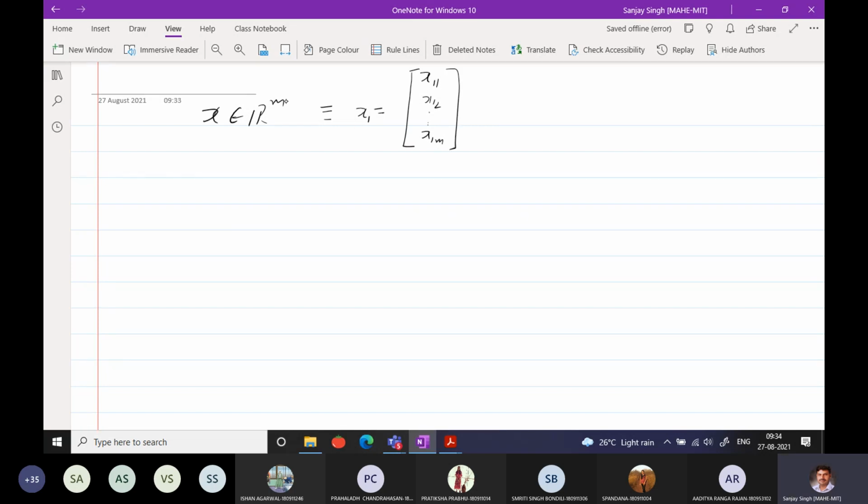Basically, it's an m-dimensional vector. But normally in books or research papers, we don't represent it like this. Rather we always write x11, x12, up to x1m, and transpose. But whenever you come across this, you see that it is an m-dimensional vector. As simple as that.